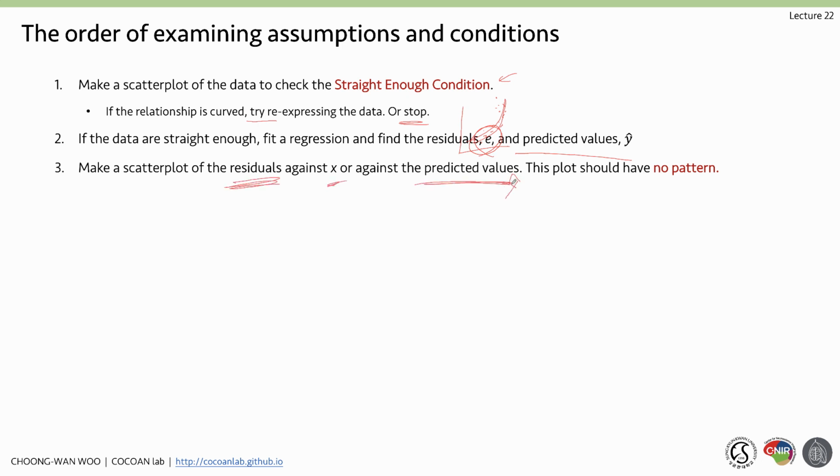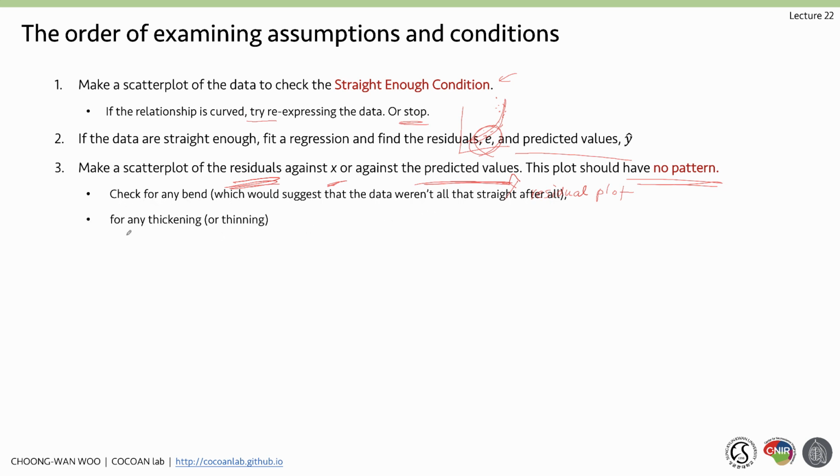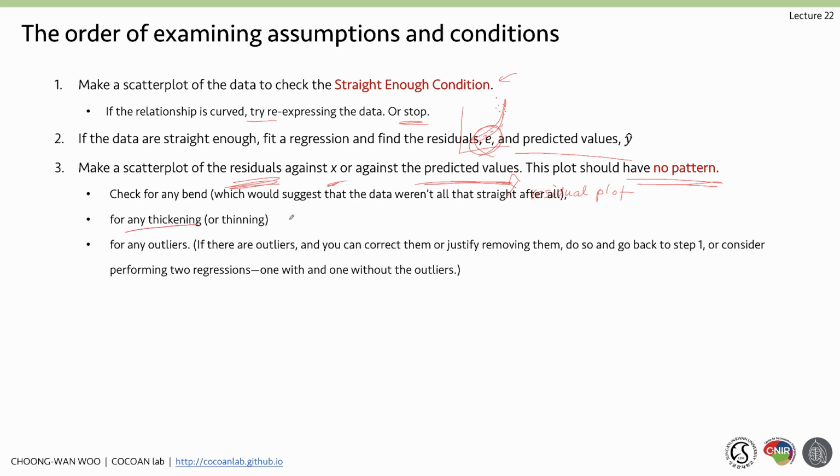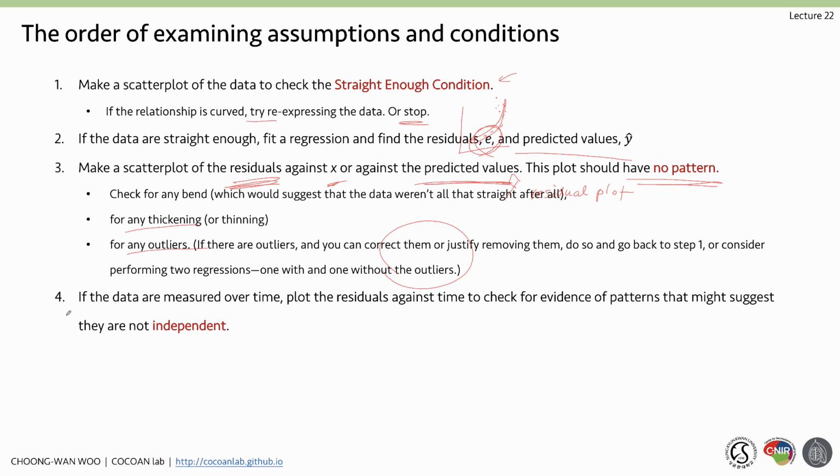This plot is called the residual plot, right? And this plot should have no pattern. We have to check for any bands, any thickening, and any outliers. We learned about this, so I'm going to skip it.